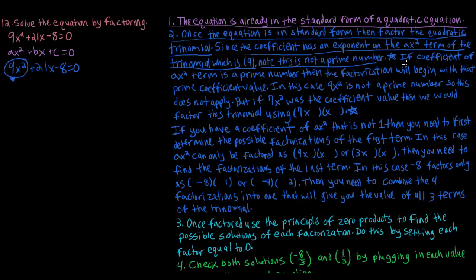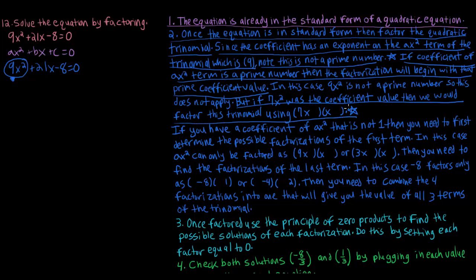If the coefficient of the ax squared term is a prime number, then the factorization will begin with that prime coefficient value. In this case, 9x squared is not prime, so this does not apply. But if 7x squared was the coefficient value, then we would factor this trinomial using 7x times x.